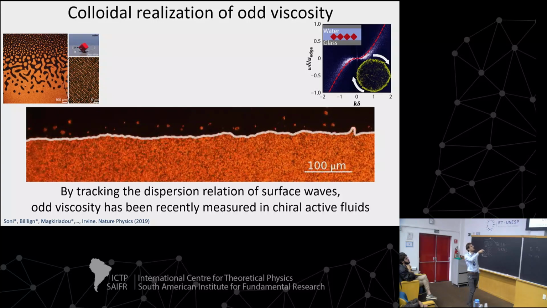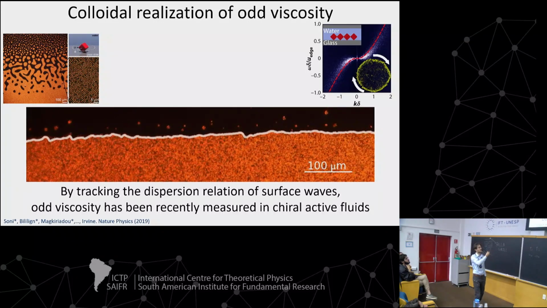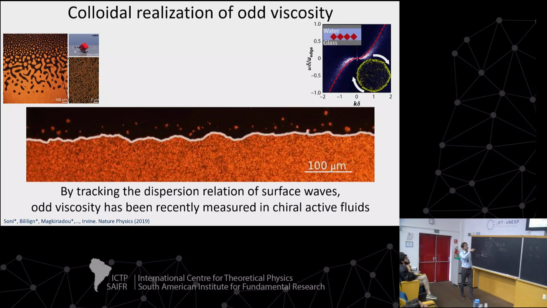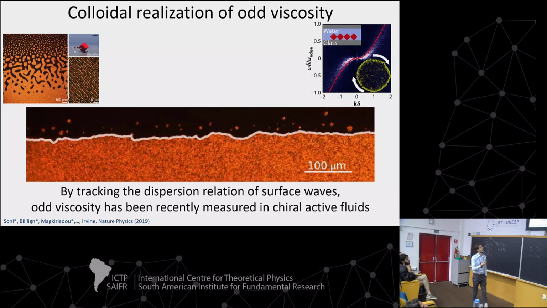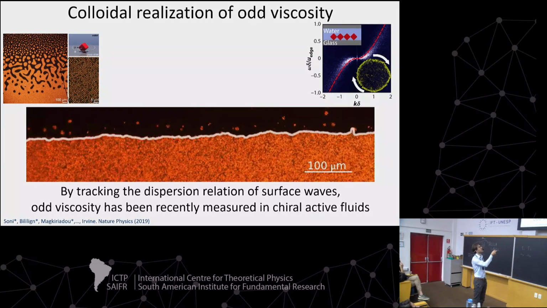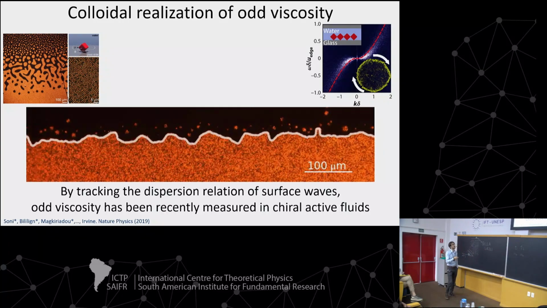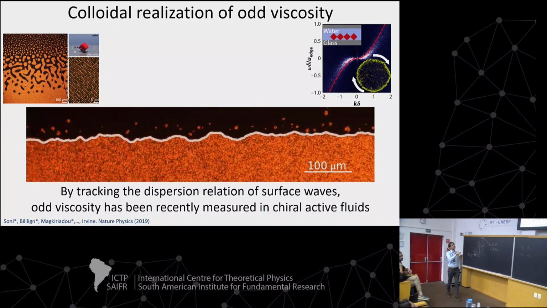One is that they seem to be traveling waves, which is already interesting given that this is an overdamped fluid, right? This colloidal system is not inertial, and so the fact that you have propagating waves is already surprising. That comes ultimately from activity.